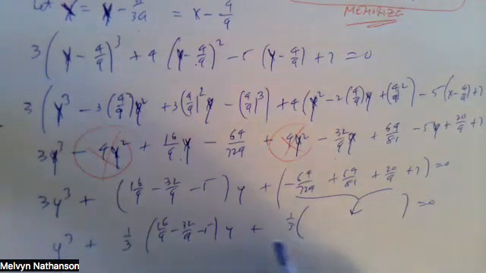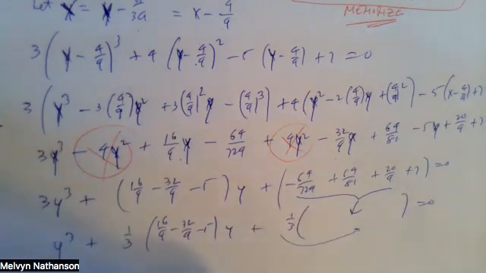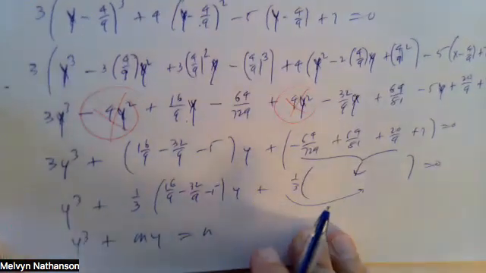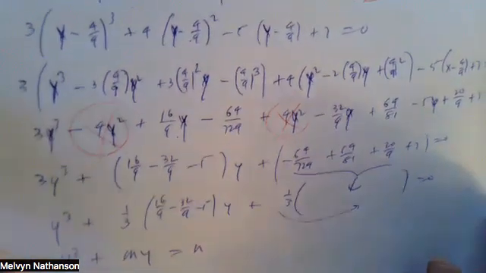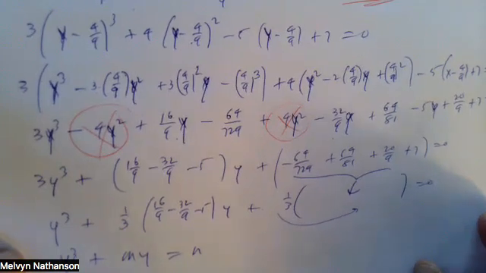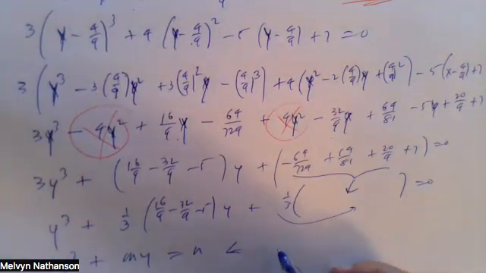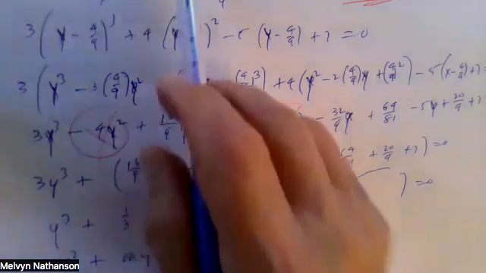And then I bring this to the other side. So this is y cubed plus some number m times y equals n. Okay. So this is how your substitution eliminates the quadratic term. So this is the depressed cubic that comes from this equation.